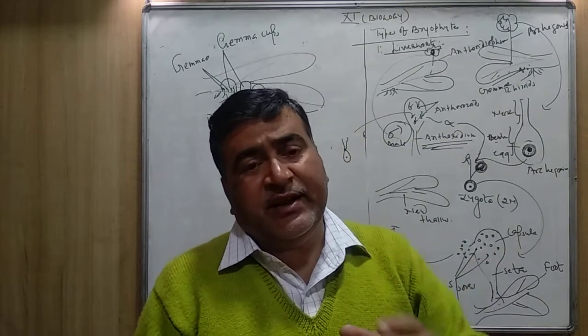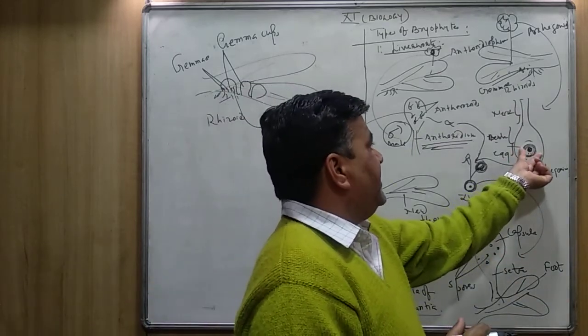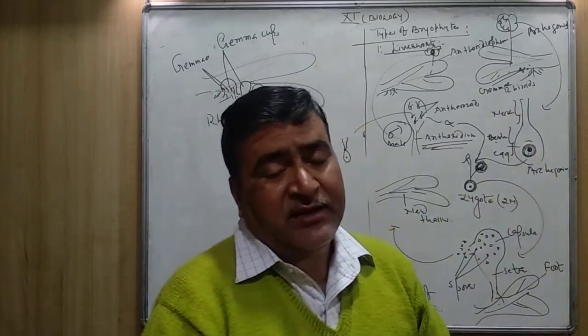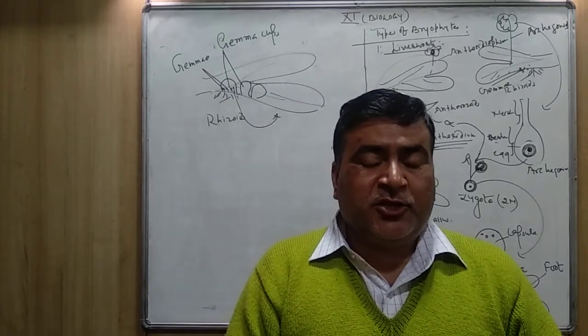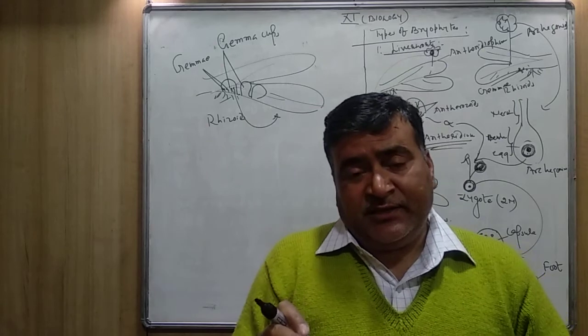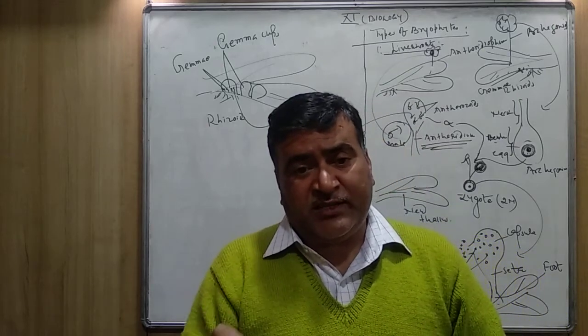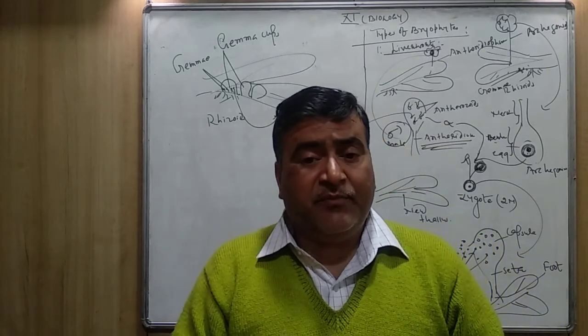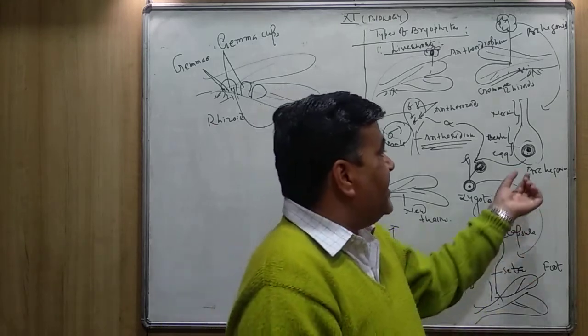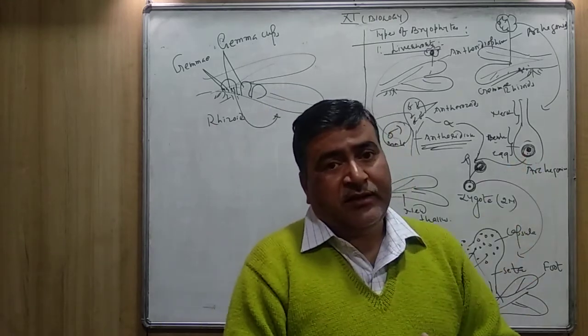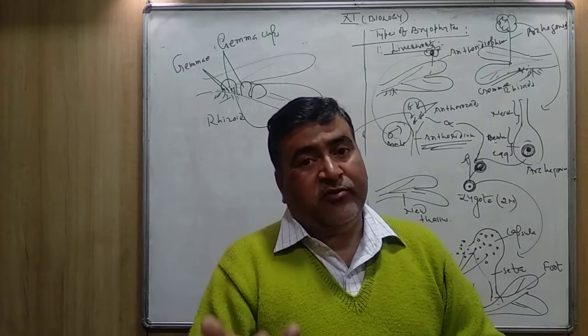And inside the venter, the egg is present, and this egg is non-motile. So, it's very, very important: antherozoids are motile. The male gametes are motile, while the female gamete, that is egg, is single and non-motile.